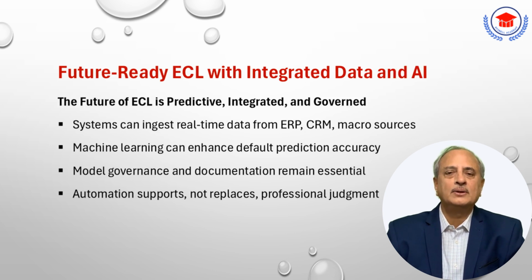Finally, let's touch on the future. Data-driven models. We're in an era where data is king. Companies are starting to use more advanced analytics for all sorts of predictions, including credit losses. Machine learning models can analyze patterns, perhaps combining financial history with behavioral data like payment patterns or even email communications with clients to predict defaults.